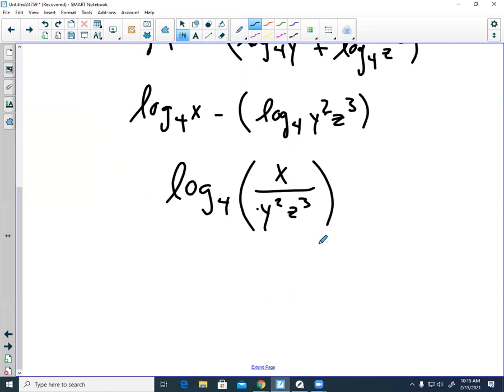Yes, Sean? Do the in between steps matter? Not really. I don't really care if you don't show me your work in between, because in all honesty, I would skip a lot of steps here too. I'm at the point now where if I see the first one, I can probably get to the answer without writing any of the other steps down, because I'll just do them one at a time in my head. But if you're not good at this, don't skip the steps, right? If you're going from first step to last step and you're getting 100% every single time, that's phenomenal.